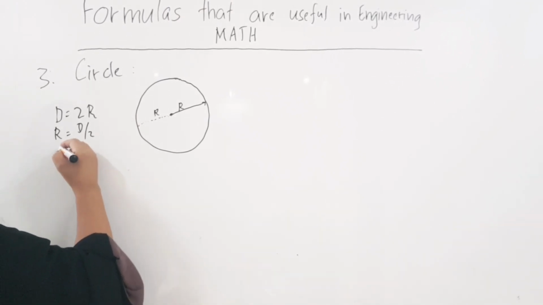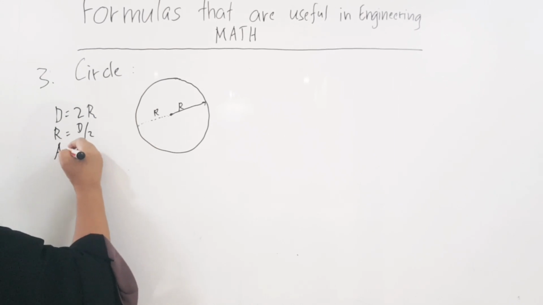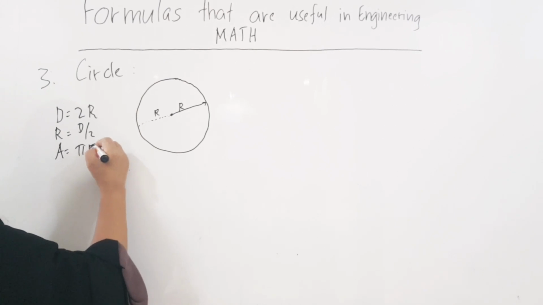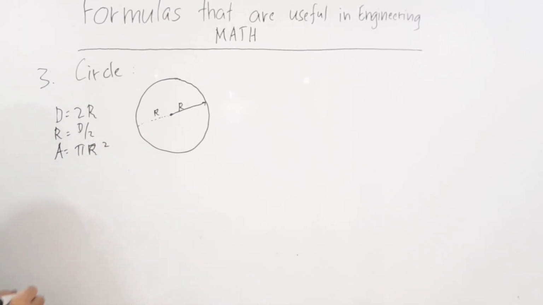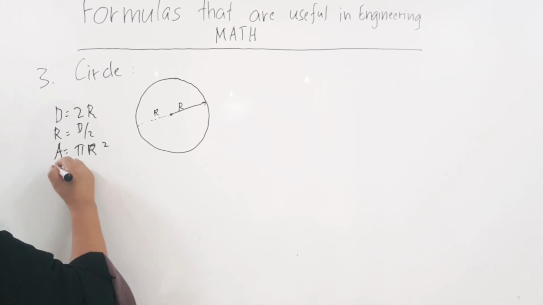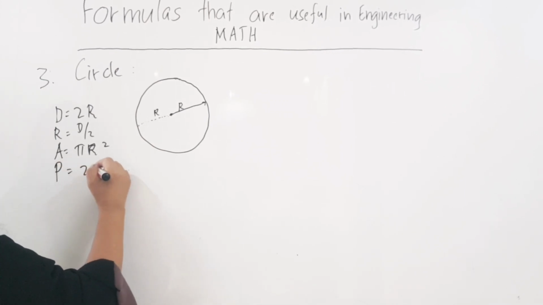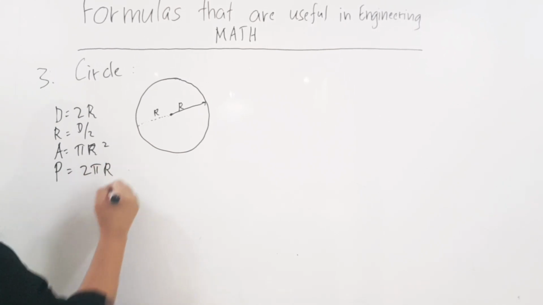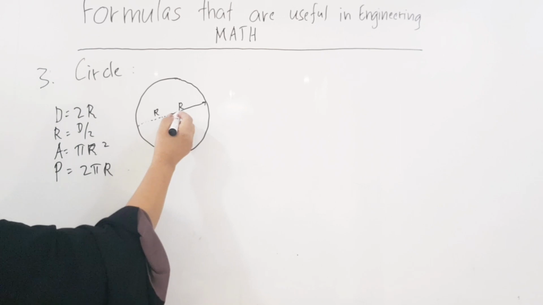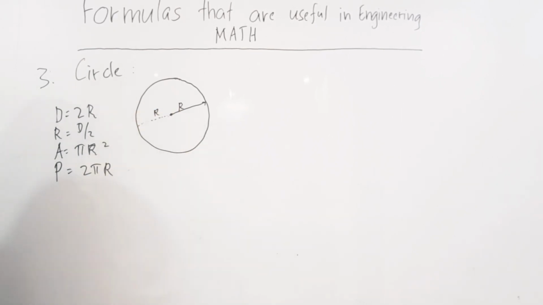Also, the area is pi r squared, and the perimeter is equal to 2 pi r. These are important formulas for a circle. And the full rotation, of course, is 360 degrees.